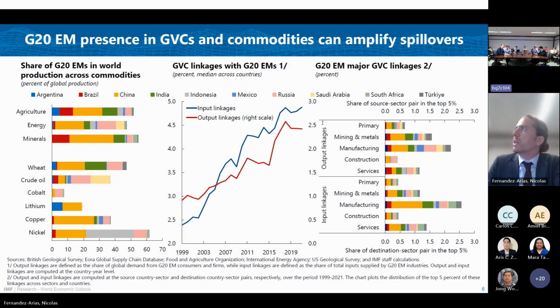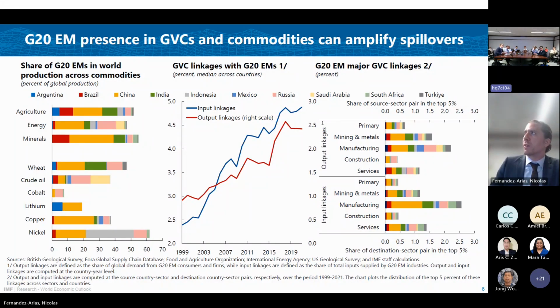In the middle chart, instead of looking at trade generally, we focus on global value chain linkages. We take the share of inputs to production, that's input linkages, and the share of demand for outputs, including intermediate outputs, by other economies relative to G20 emerging markets, and look at the median across other economies in the world.